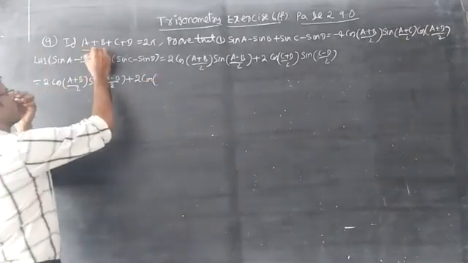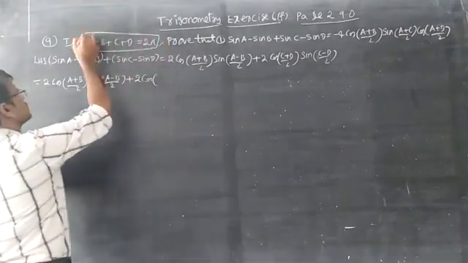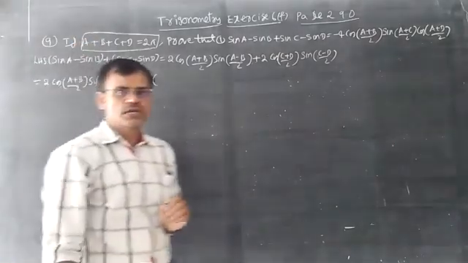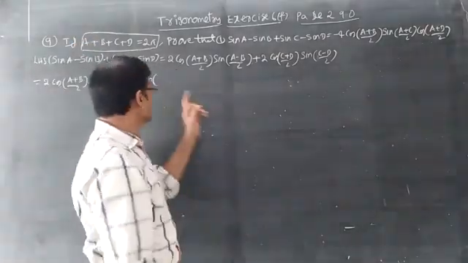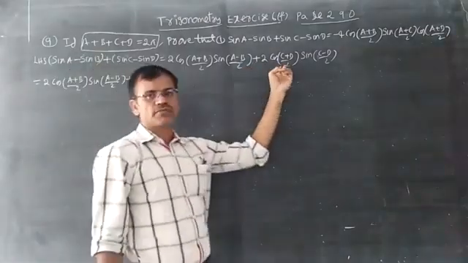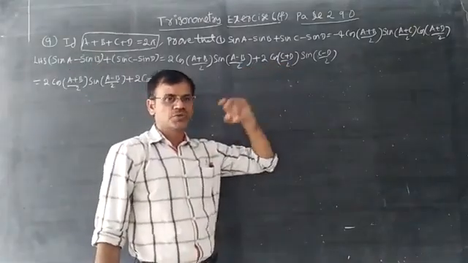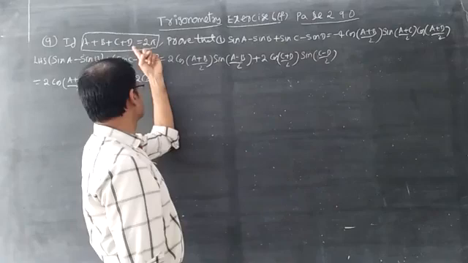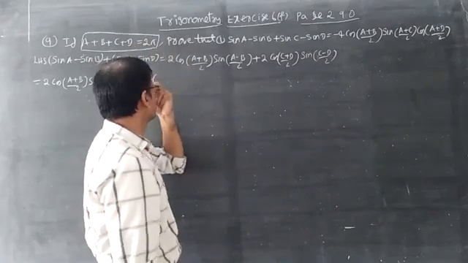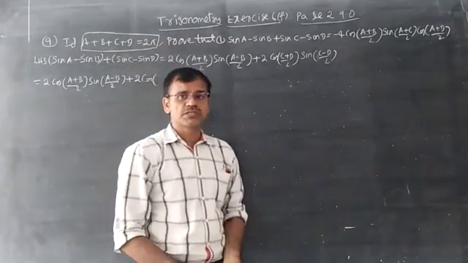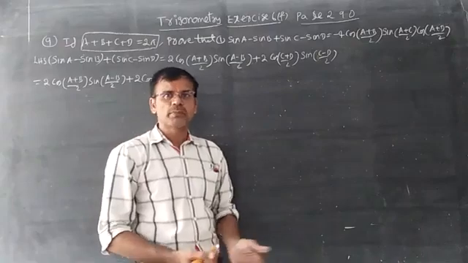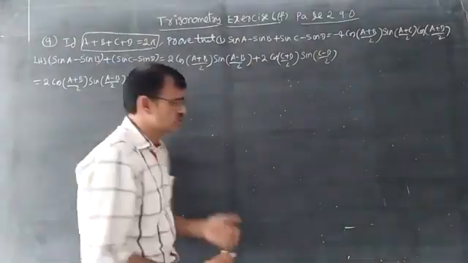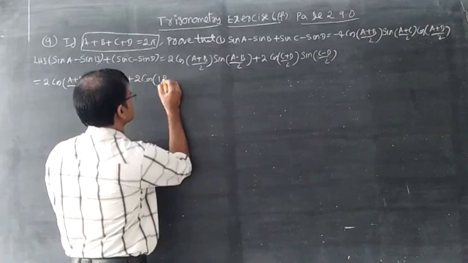Here he given that A plus B plus C plus D is equal to 2 pi, 2 pi meaning 360 degrees. So here you can apply instead of C plus D by 2. See, A plus B plus C plus D is equal to 2 pi, so A plus B plus C plus D by 2 is equal to pi. Pi means 180 degrees. Now apply like this.